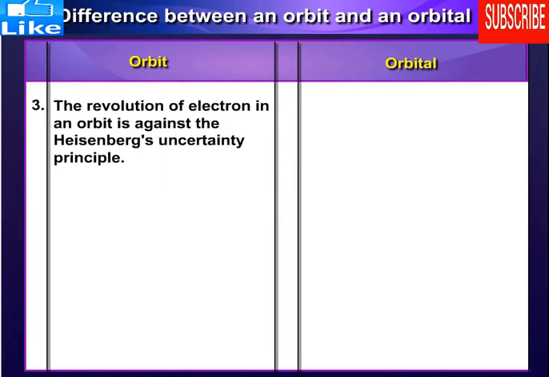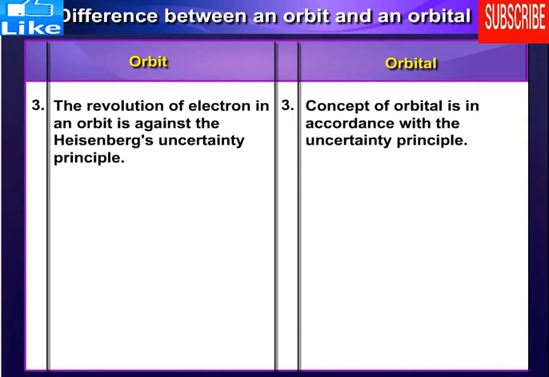3. The revolution of an electron in an orbit is against Heisenberg's uncertainty principle. 3. The concept of orbital is in accordance with the uncertainty principle. 4. Orbits are circular. 4.